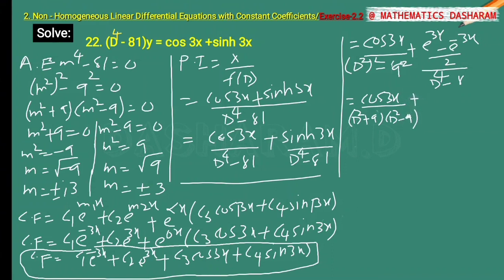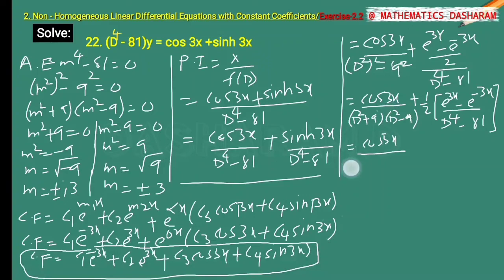Then after we have to substitute the x coefficient in the denominator at the place of D, but we are getting 0 in the denominator, for both 3 and minus 3. When you are getting the denominator as 0, we know very well we have to take the derivative with respect to capital D of D to the power of 4 minus 81 and multiply with x.